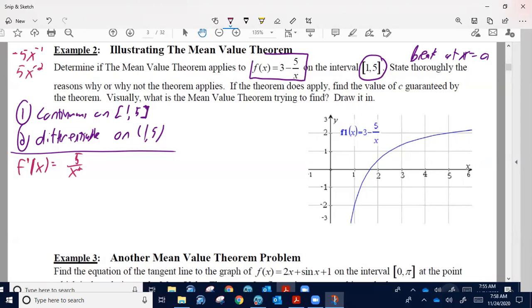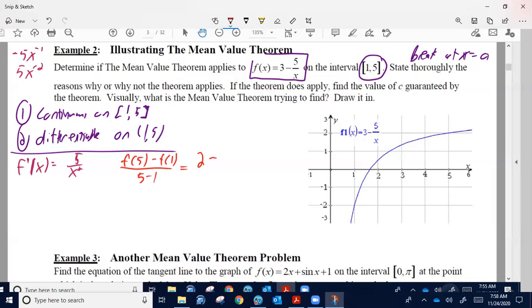We need to know what is the slope between these two points. So that would be f of 5 minus f of 1 over 5 minus 1. If we plug 5 into the original, 5 divided by 5 is a 1. 3 minus 1 is a 2. Subtract.